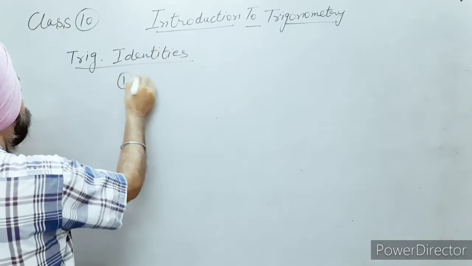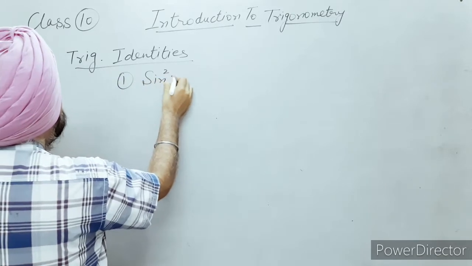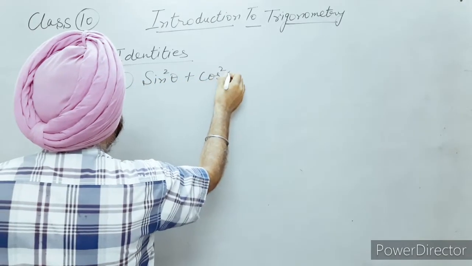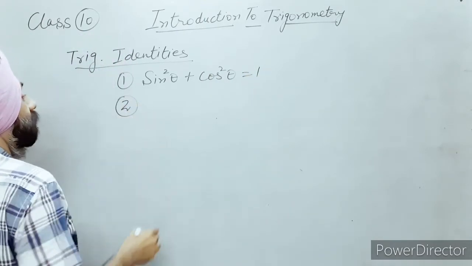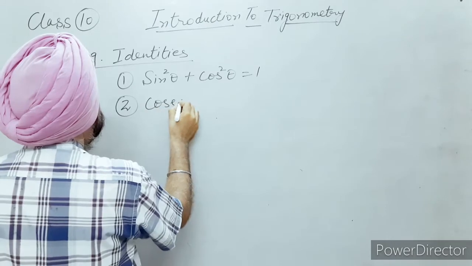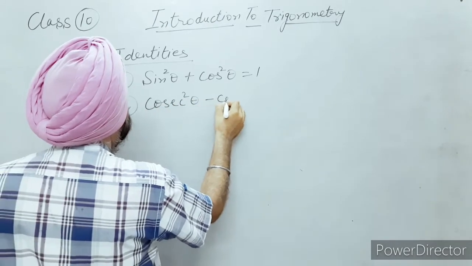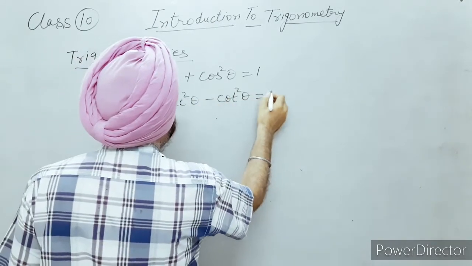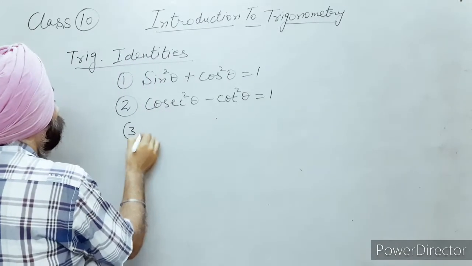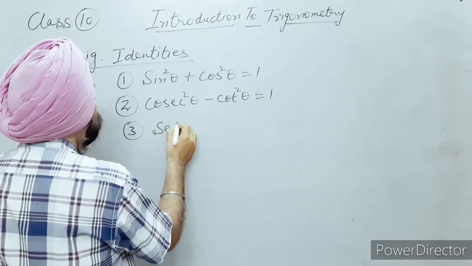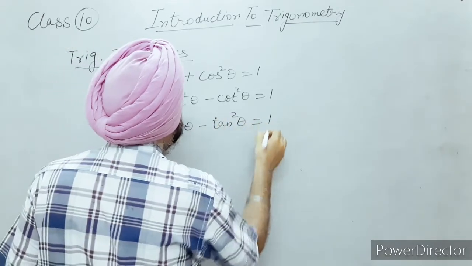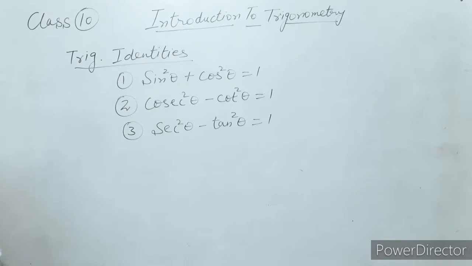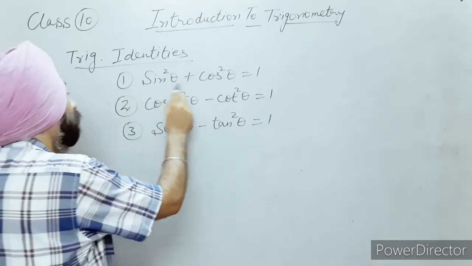The first identity is sine square theta plus cos square theta equals 1. Second was cosecant square theta minus cotangent square theta equals 1. Third was secant square theta minus tan square theta equals 1. These were the three main identities.